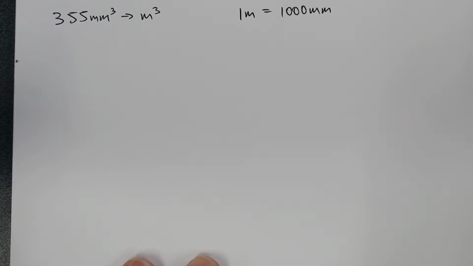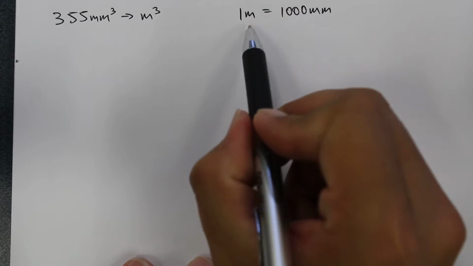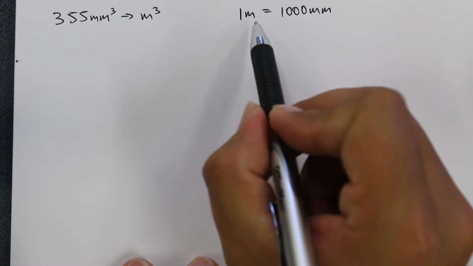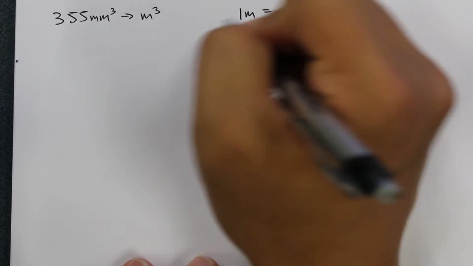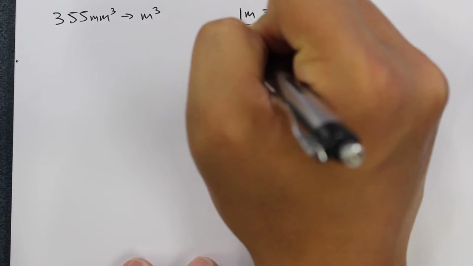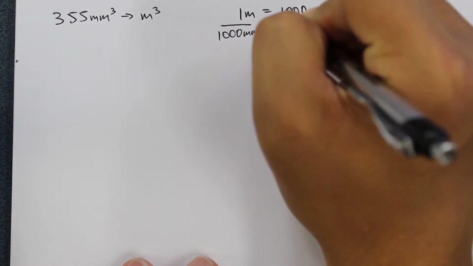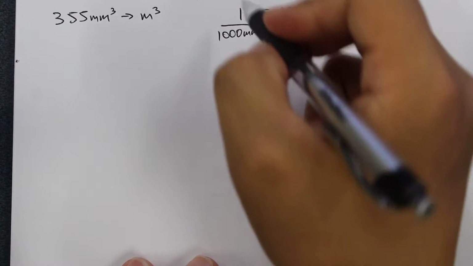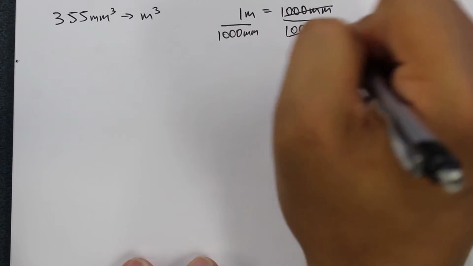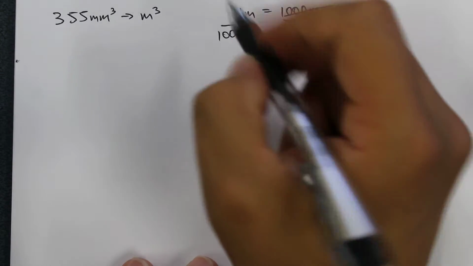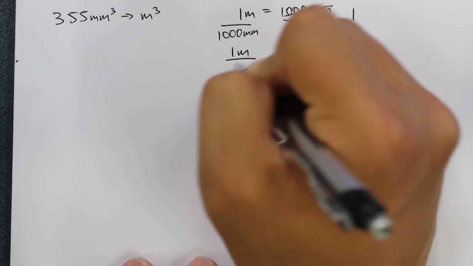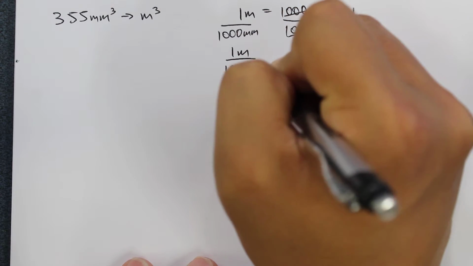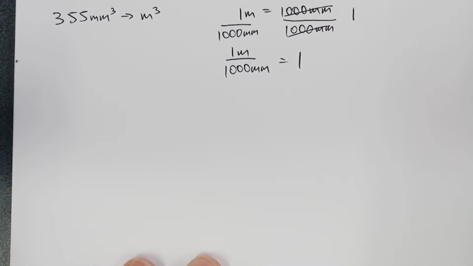Now this identity can be rearranged, so I can divide both sides by 1,000 millimeters, and I get an equation. When we cancel these two, we get 1. We get an equation that says 1 meter divided by 1,000 millimeters is equal to 1.